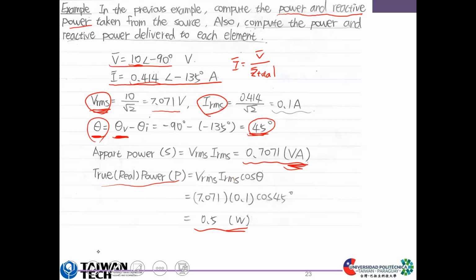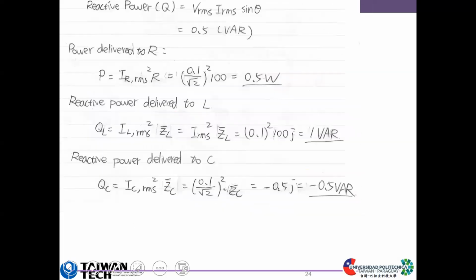So how about the apparent power? Apparent power. And how about the reactive power? Reactive power is VRMS times IRMS times sine theta. So this is the reactive power, and the unit is VAR.